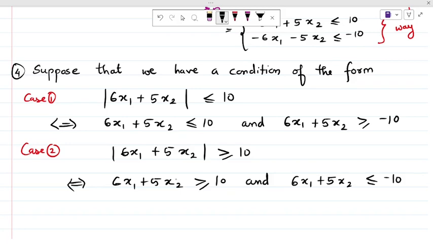That's how it will go. This is one another important case that we have here.